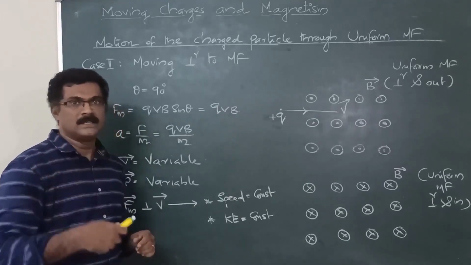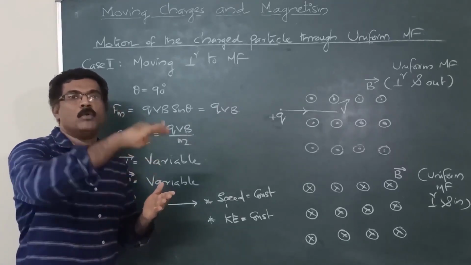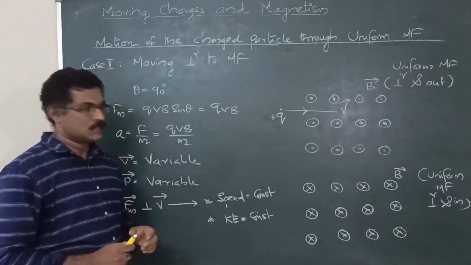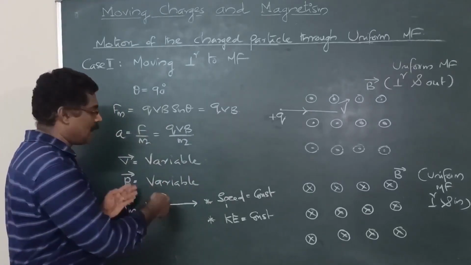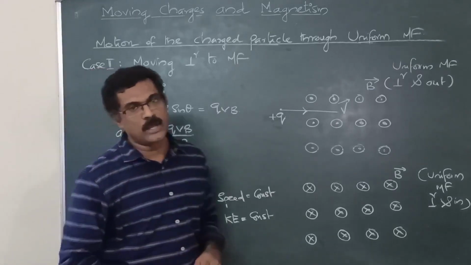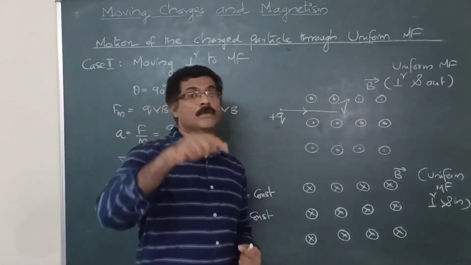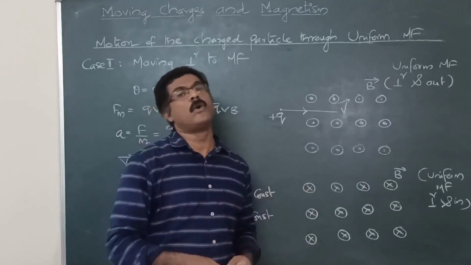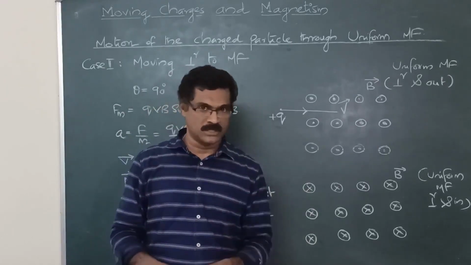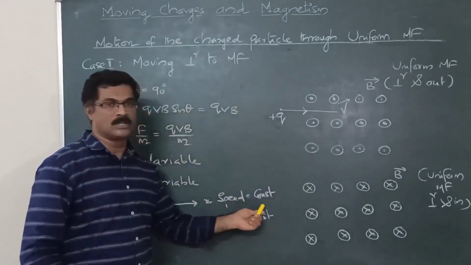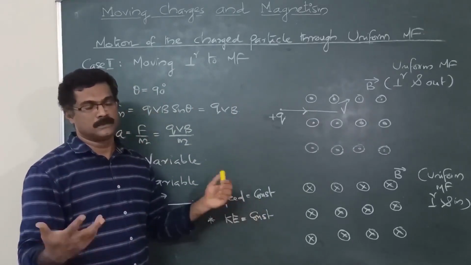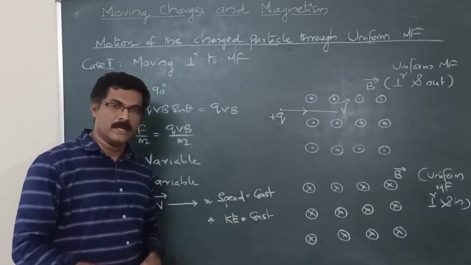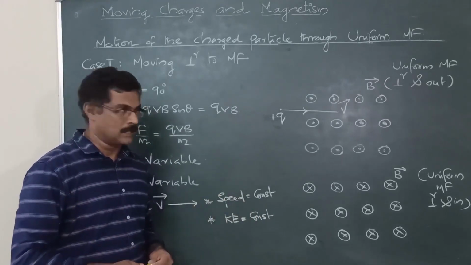So we know that the charged particle will move along a curved path. So the path is a circular path. So a charged particle describes a circular motion. What type of circular motion? Is it uniform or non-uniform circular motion? That is a question. We know that speed is constant. So when a body is moving along a circular path with constant speed, that is a uniform circular motion.